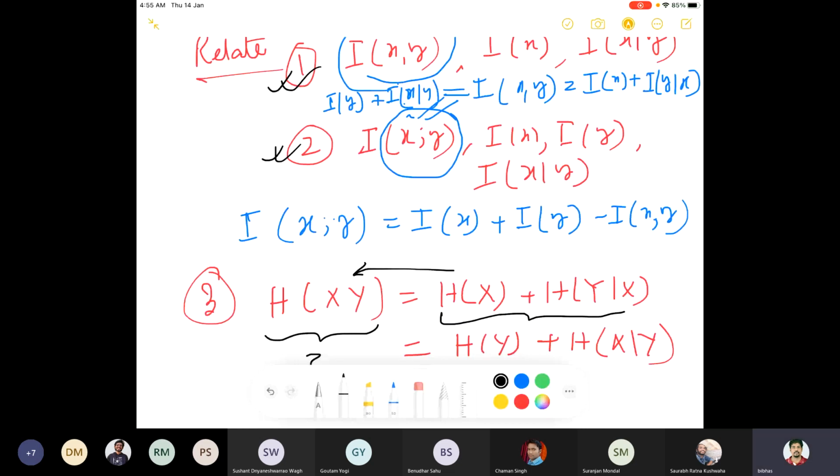First tell me how H(XY) should be defined. The left quantity H(XY), how should it be defined?